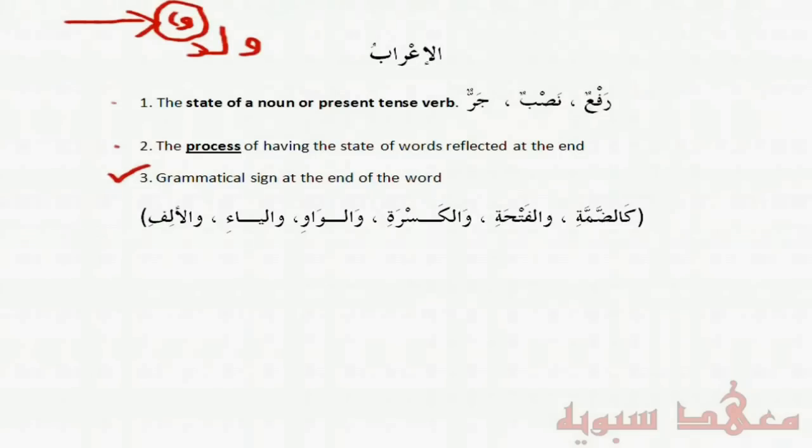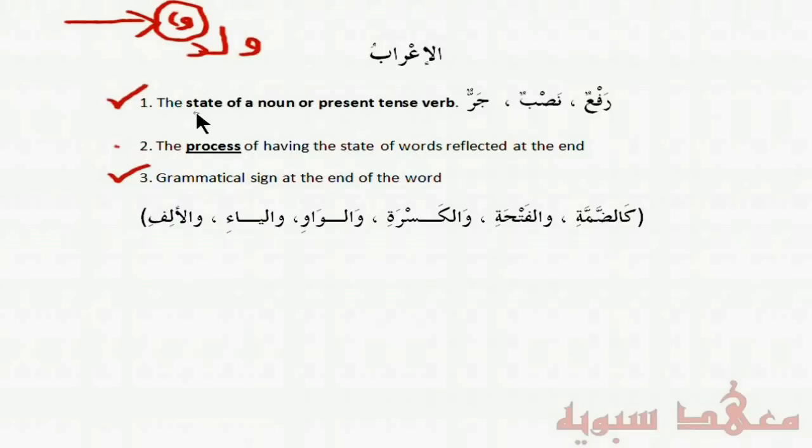It says وَإِعْرَابُ الْإِسْمِ ثَلَاثَةُ أَنْوَاعٍ, that the i'rab of the ism. So here it's specifically talking about the i'rab of the ism. There's an idafa there. So if we go back, which meaning is it referring to? It's actually referring to the first meaning here, the state of a noun or present tense verb.